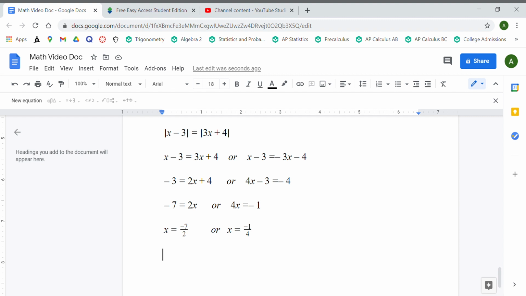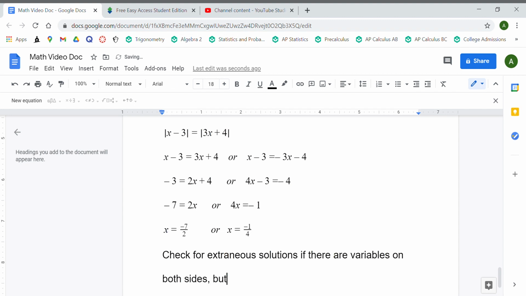Now, for this purpose, you do not need to check for extraneous solutions, but take this note down. Check for extraneous solutions if there are variables on both sides but an absolute value on one side.